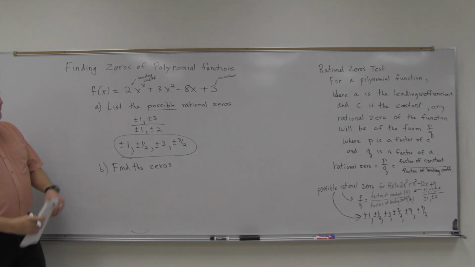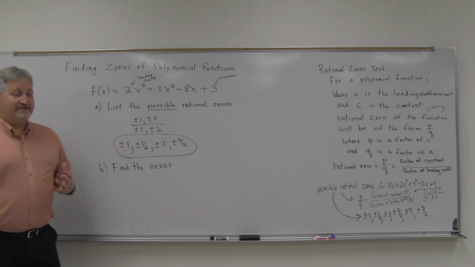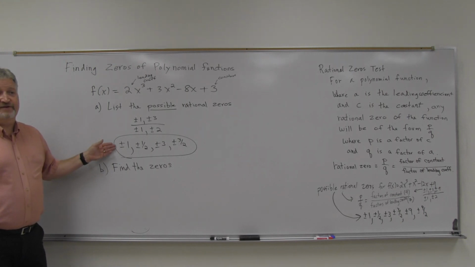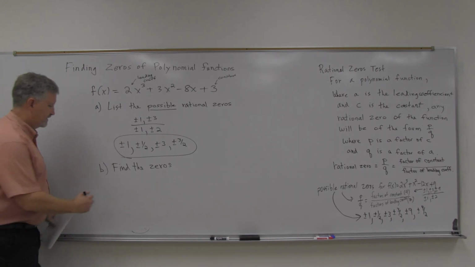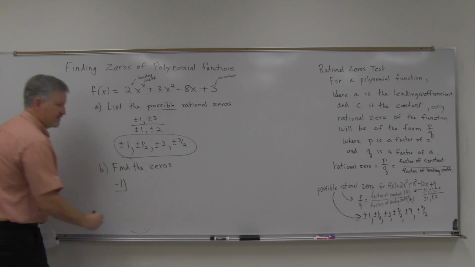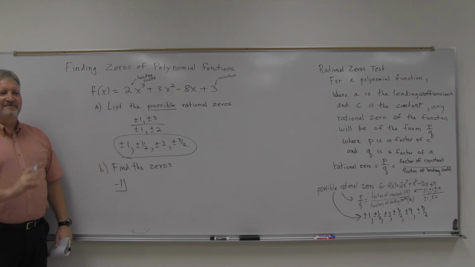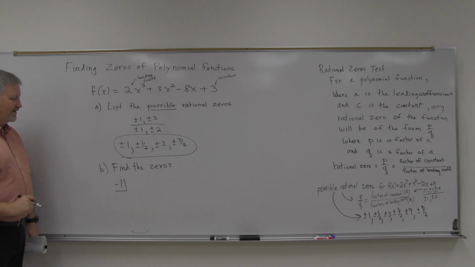Aha. We're not given anything to try, but we have a possible list. Now, they may not all work. And so let's start with -1, just to start with one here. It may not be the one we'd start with, but let me start with -1 just to make a point. All right.